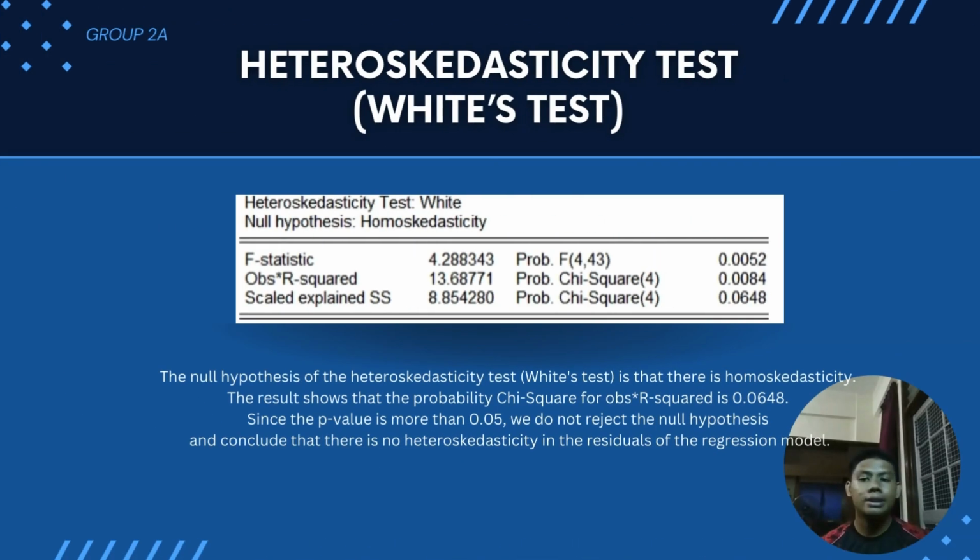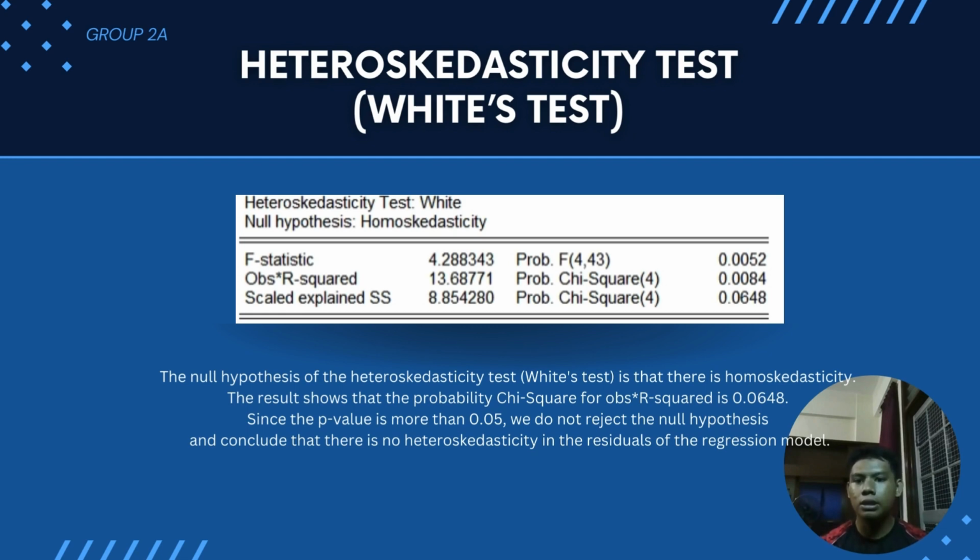The heteroscedasticity test, the White test, is used to test for the presence of heteroscedasticity in the residuals of an OLS regression model. Heteroscedasticity means that the variance of the error in the regression model is not constant across observations. If there is heteroscedasticity, it can bias the standard error of the coefficients and make the T statistic and F statistic unreliable.